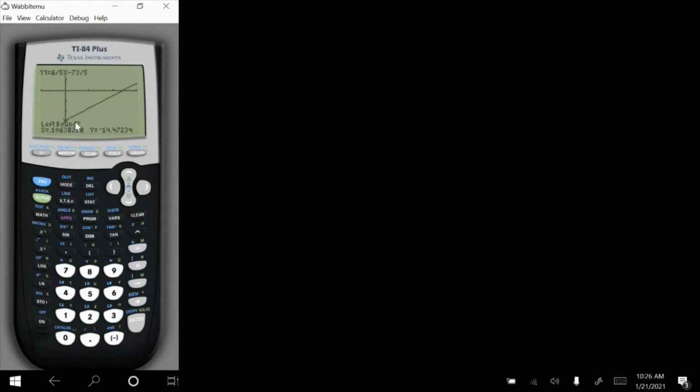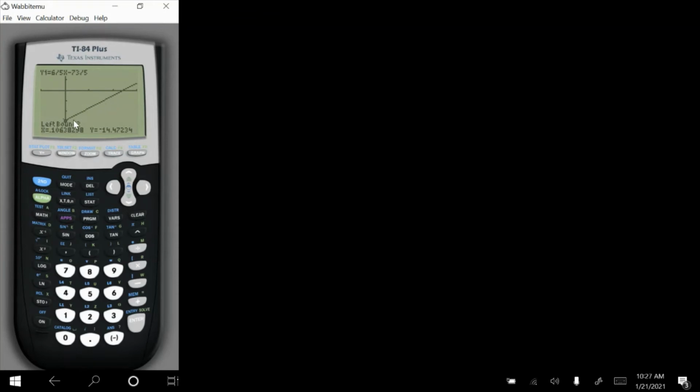The reason for that is because some graphs have more than one X-intercept, and so the calculator needs to know which one to focus on. A left bound is going to be a spot on this graph that's a little to the left of the X-intercept. So here's our X-intercept, somewhere right here. A good choice of left bound would be somewhere right here on the graph.